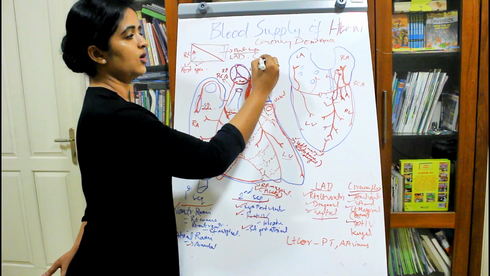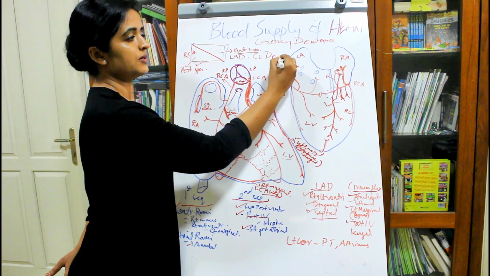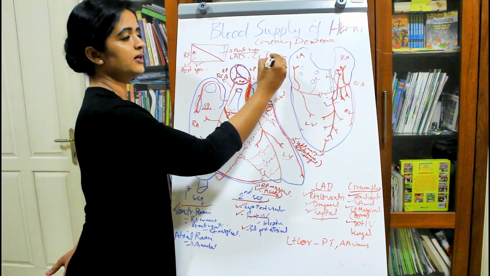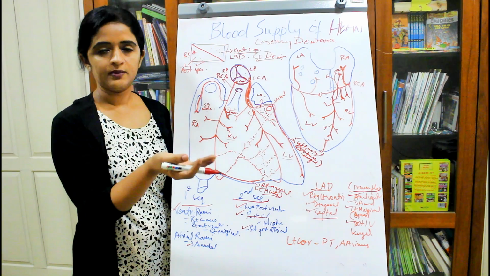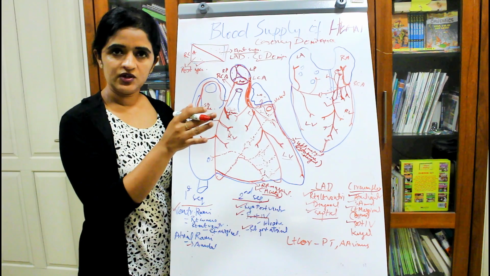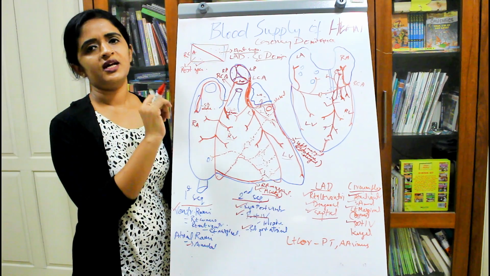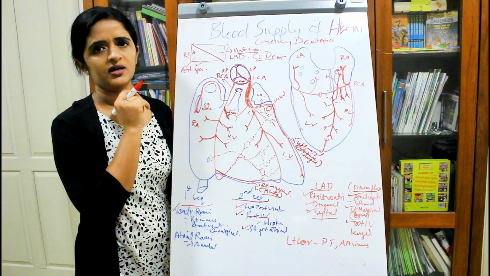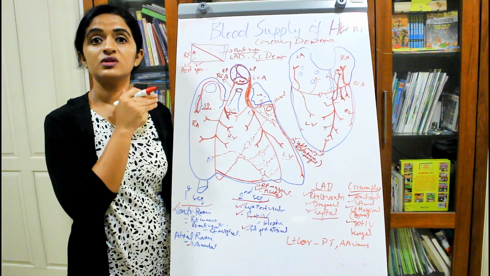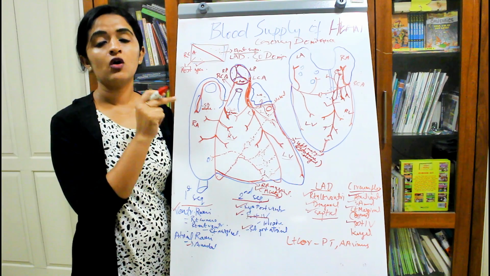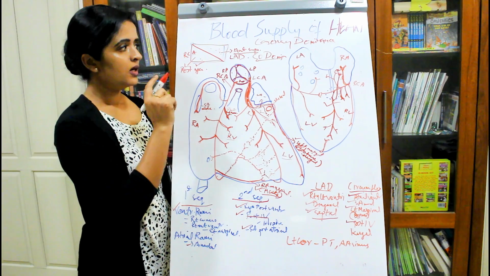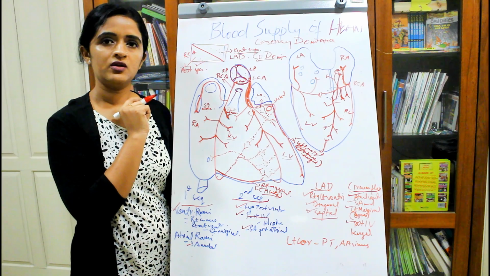That condition is known as codominance, and that is said to be a balanced type. That means you have the posterior interventricular branch coming from both right and left. So at this juncture, I would like to ask which is most dangerous, whether it is right, left, or codominance.